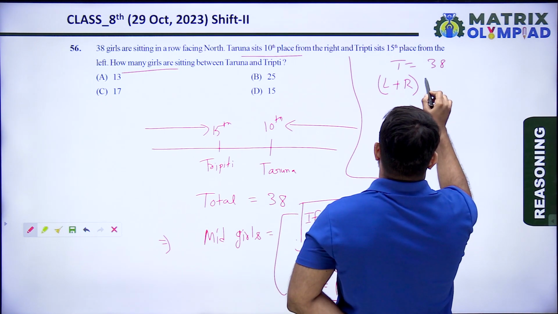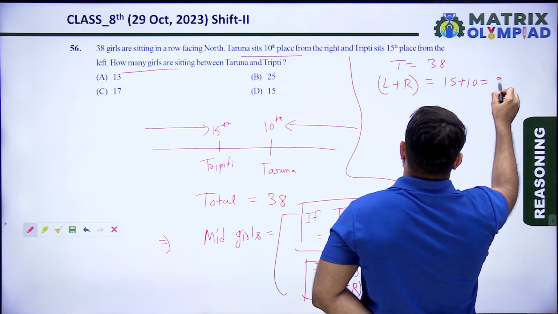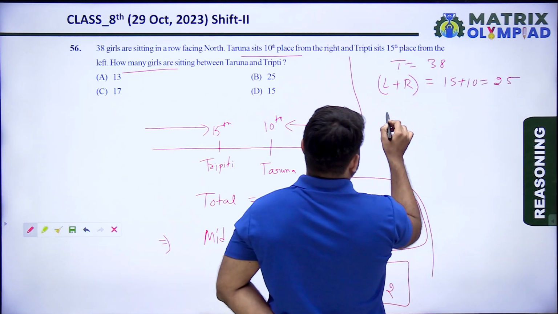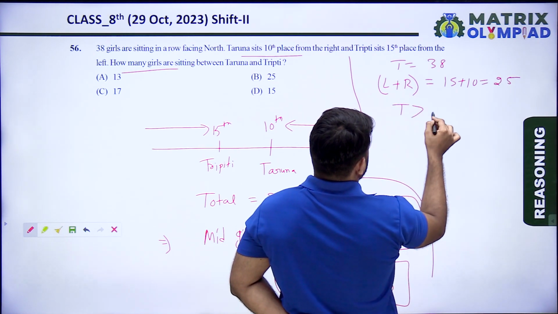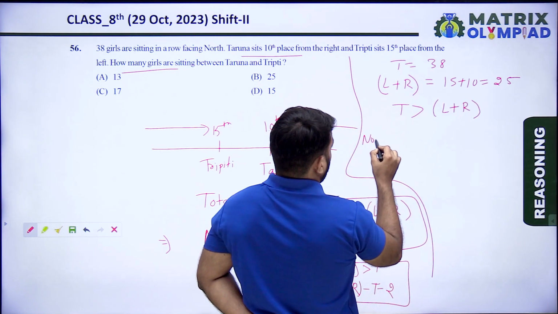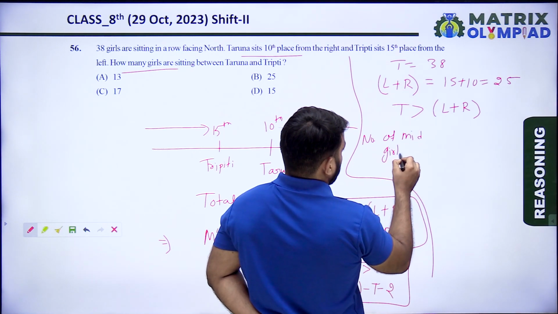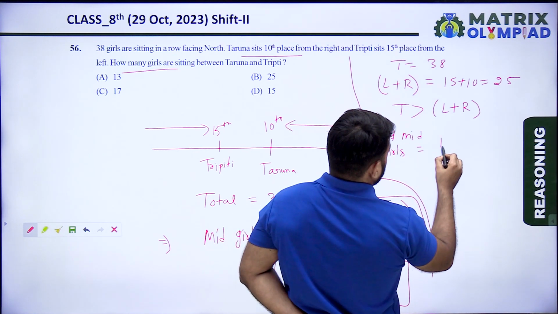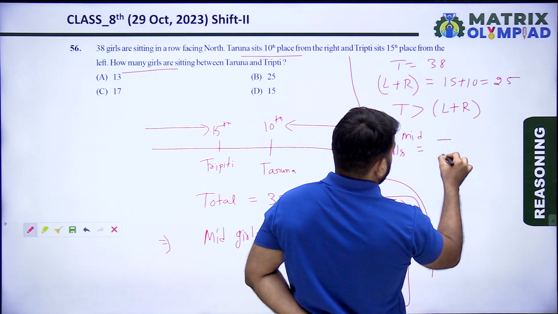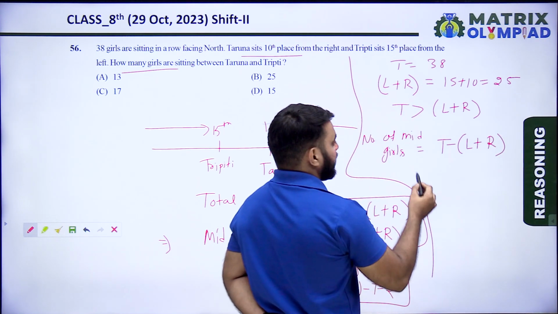So in this question, total is equal to 38, and left position of Tripti plus right position of Taruna is 15 plus 10, it means 25. So here total is greater than left plus right. So number of mid girls is equal to total minus left position of the first person plus right position of the second person.